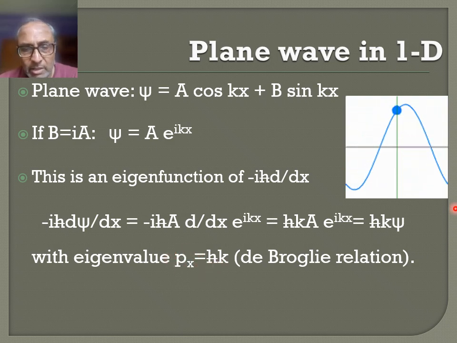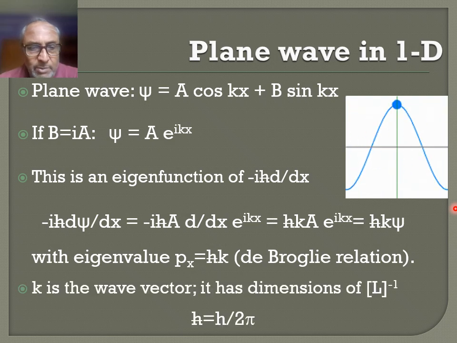This is the de Broglie relation, where k is the wave vector which has the dimensions of inverse length.